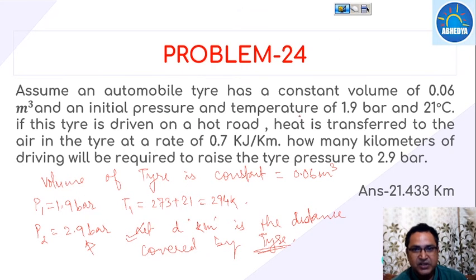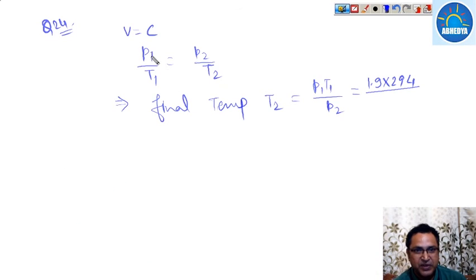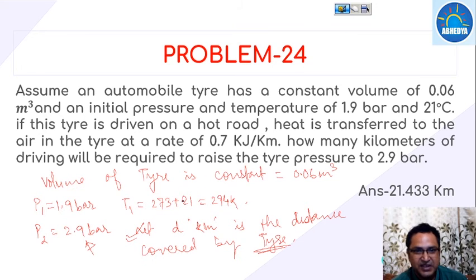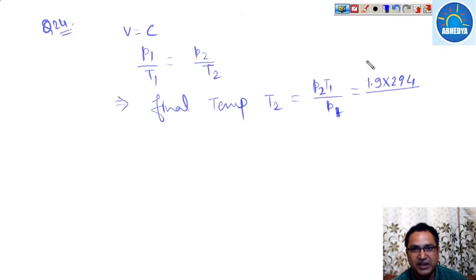The initial pressure and temperature are 1.9 bar and 21 degrees centigrade, and 2.9 bar is the final. So P1 upon T1 is equal to P2 upon T2, so T2 comes to be P2 into T1 upon P1. I am sorry, this is 2.9. What is P2? The final pressure is 2.9 upon 1.9. So please make it clear: 2.9 and this is 1.9.